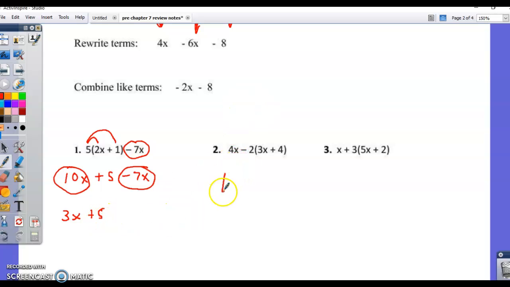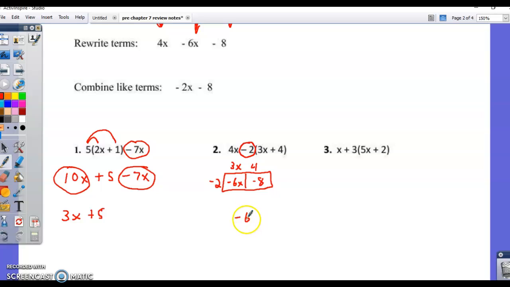Over here, I'll do the box method on this one. So we have a 3x and a 4, and this negative 2 comes out here. Remember to include that negative. That's the biggest mistake that I see. So negative 2 times 3 would be negative 6x. Negative 2 times 4 would be negative 8.